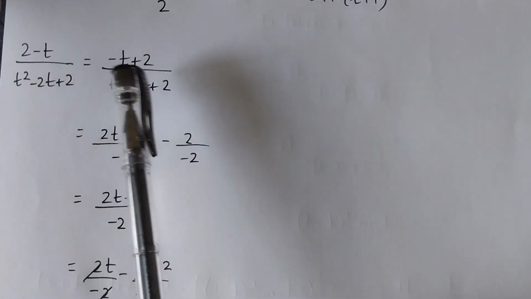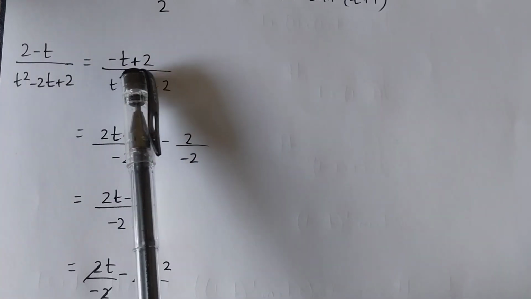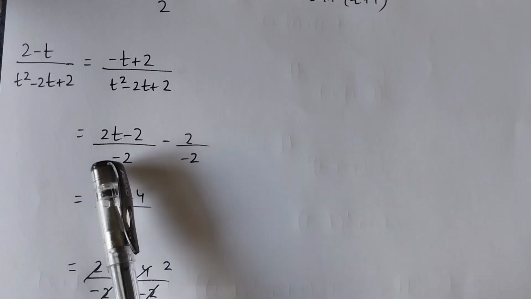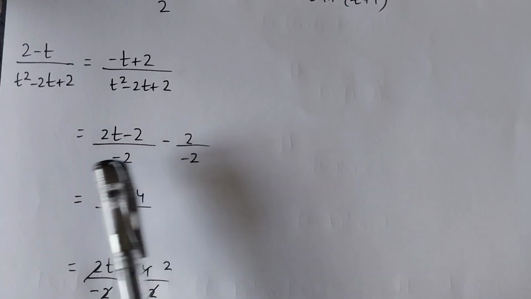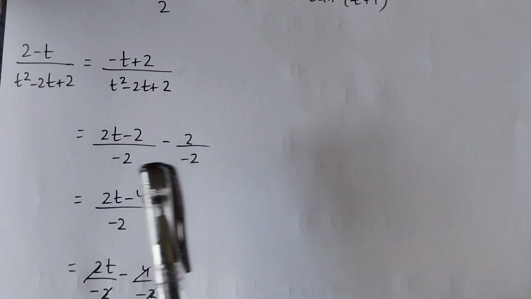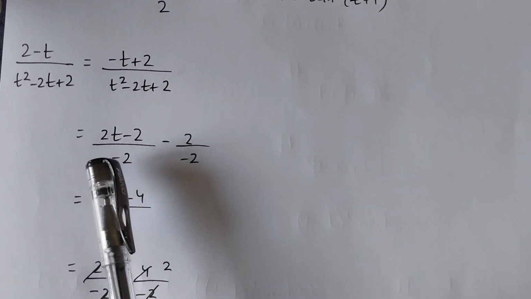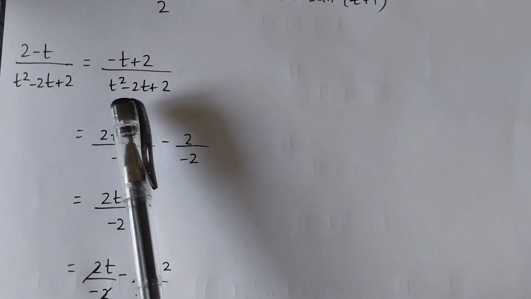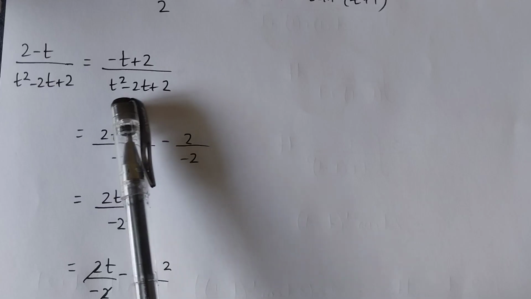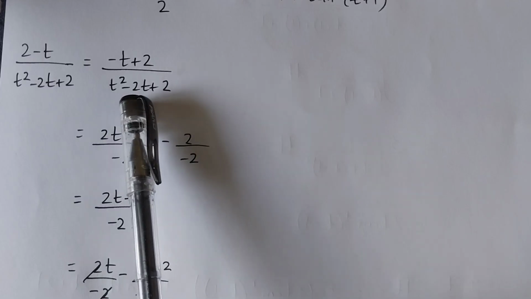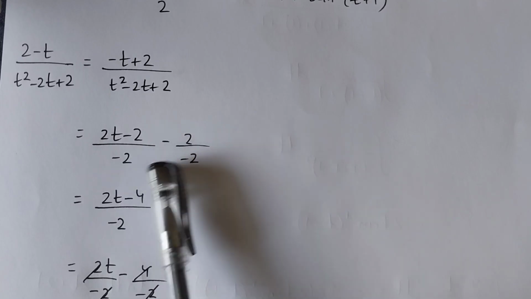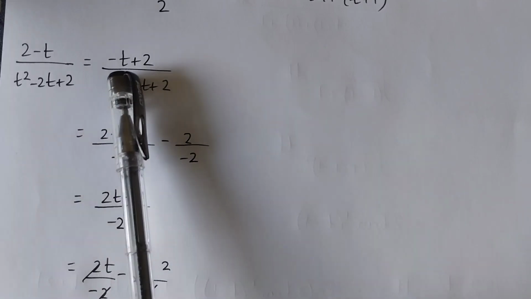So I've written this 2 minus t as minus t plus 2, simply rearranged it, and then written this minus t plus 2 in the form of 2t minus 2 over minus 2 minus 2 over minus 2. I told you before that we basically use the derivative of the denominator, which in this case is 2t minus 2, and adjust the other things around that, so we get the numerator part.